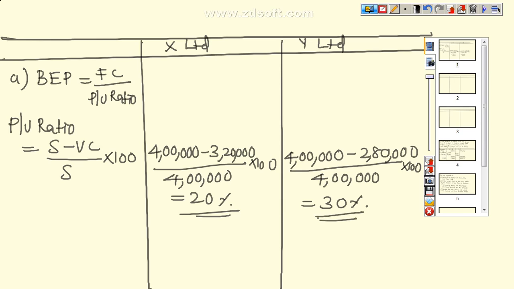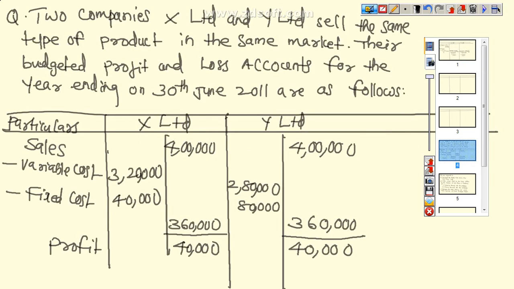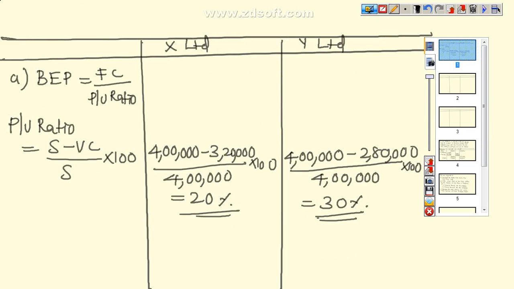Now in order to calculate the break-even point, fixed cost upon PV ratio, fixed cost is given for X Limited, it is 40,000 and Y Limited 80,000. So here we have to put that value: 40,000 upon PV ratio of this particular company, which is 20%.